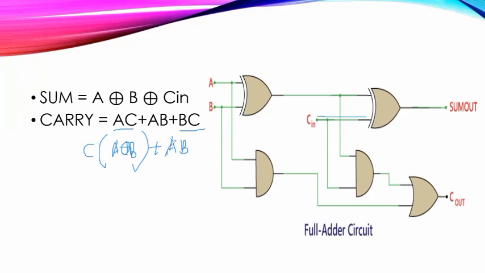Now, we will draw first for A into B. So we will be connecting A and B with the AND gate, that is the dot product gate. And then for this, if you can see, A XOR B we are taking as one input, which is being connected from A. This is A XOR B, right?